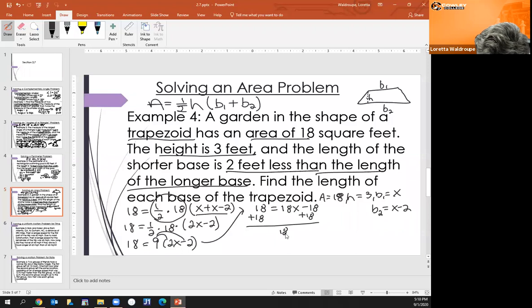So 18X is 36, and divide by 18, and X equals 2. Oh, I made a mistake. Can you guys see my mistake?